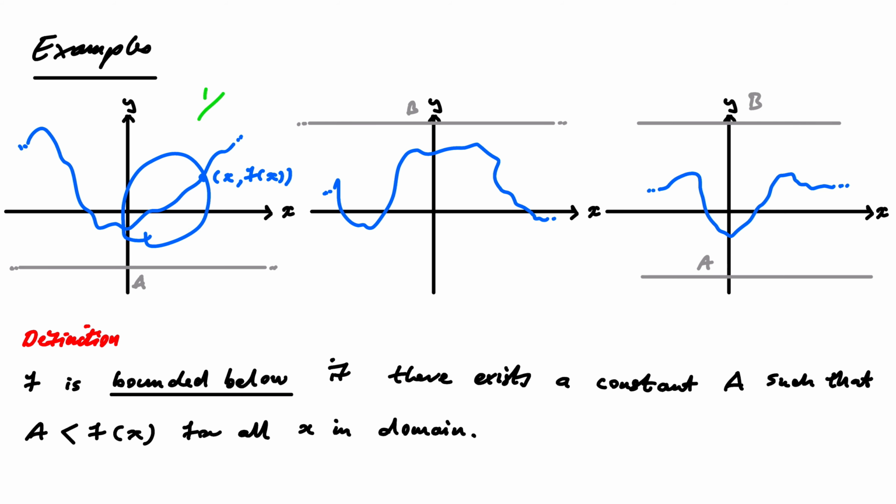So if I restrict the domain to some closed interval, or open, it doesn't really matter, maybe just from here to here, then it's perfectly possible you could be bounded below, but it would be a local property because you'd have to say it was bounded below on some interval. So the concept of being bounded below, full stop, is a global property.